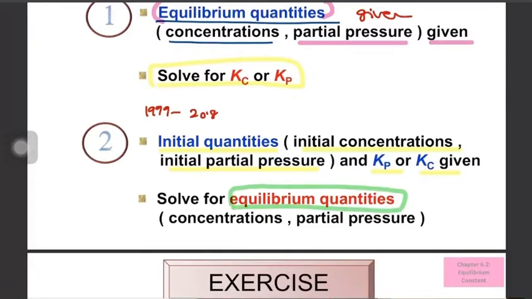So it's basically like doing it from backwards. They will give you the initial and the Kp, Kc. You have to find the equilibrium concentrations.